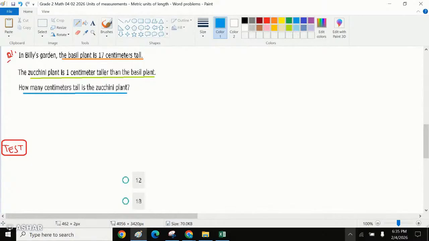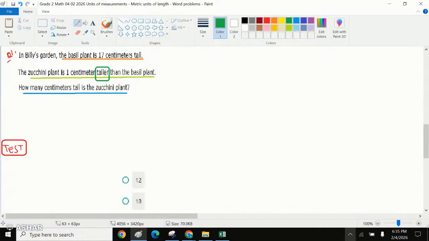The most important word is taller, right? That means if it's 1 centimeter taller, then the length should be 1 more, right? Do we agree?